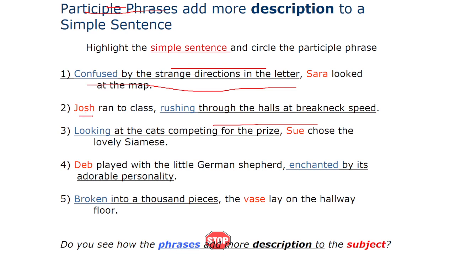Similarly, George ran a class, rushing through the bar at breakneck speed. Here you can see we use the comma to separate the participle phrase from the simple sentence. Similarly, looking at the cat competing for a prize is a lovely image. So in this way you can design the participle phrase.